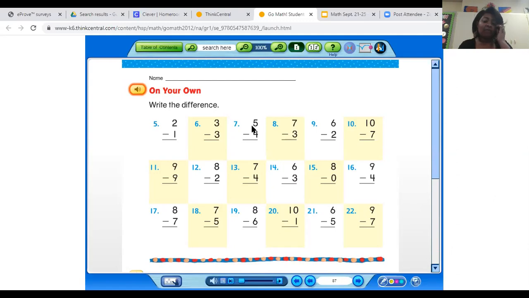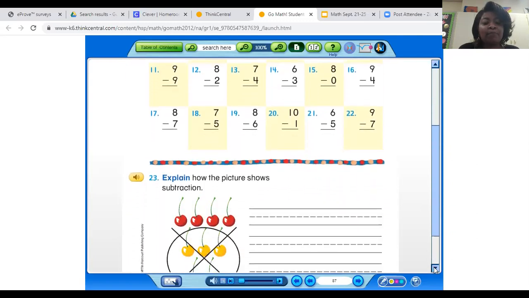My difference is 4. Number 9, I have 6. I take away 2. 1, 2. I also have 4. And number 10, I have 10. I take away 7. 1, 2, 3, 4, 5, 6, 7. My difference is 3. So I want you to continue to practice your subtraction fluency.